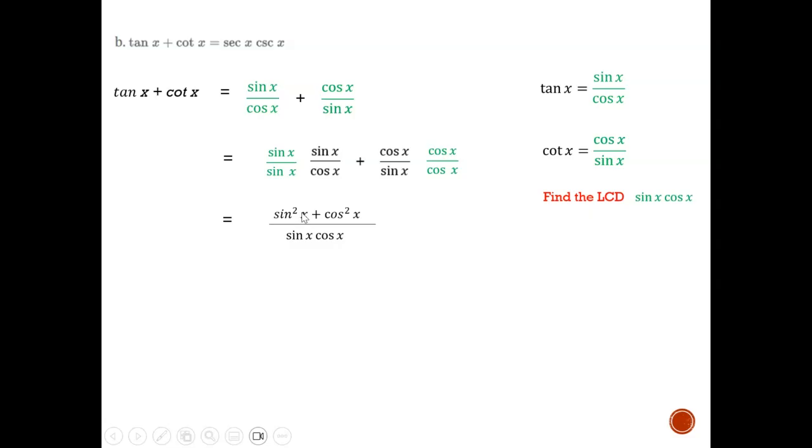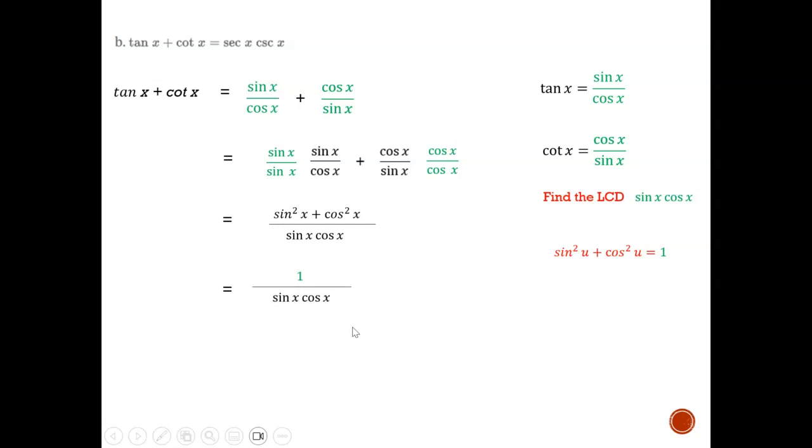We should become accustomed to knowing that this is one of the most famous ones, this Pythagorean identity. By now we should know that this is equal to 1. I'm using this one because it's the one that's mostly used. So we're going to have 1 over sine x cosine x.